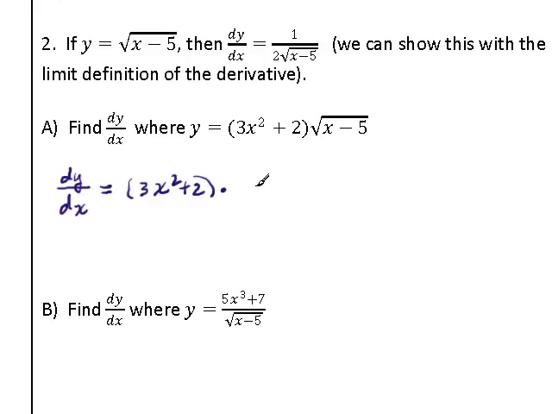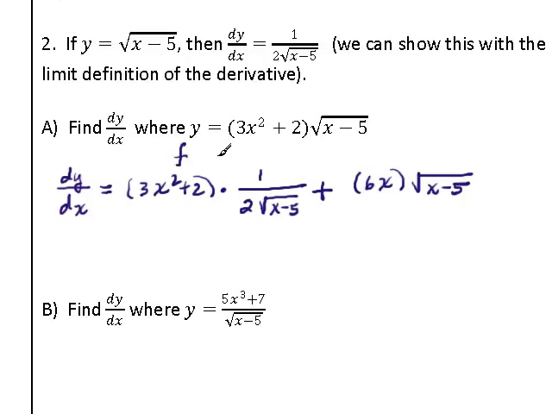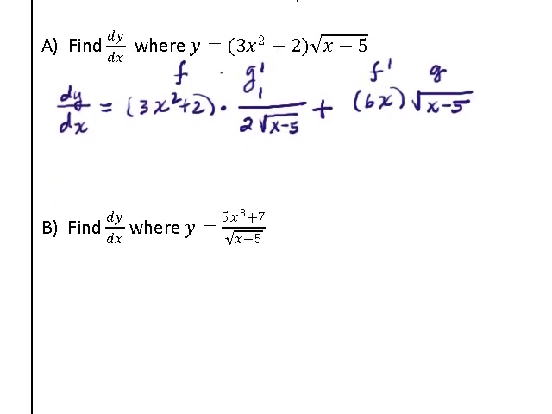So I'm just going to copy this down, assuming that we've already done that calculation, plus the derivative of the first, so there we have 6x times the second. Okay, so again that would be f, and this is g prime, and this here is f prime, and this is g.